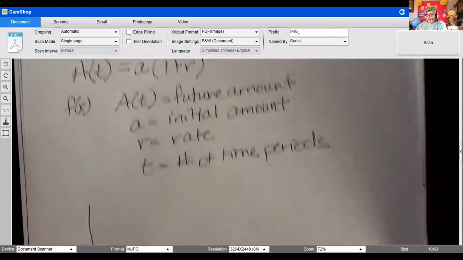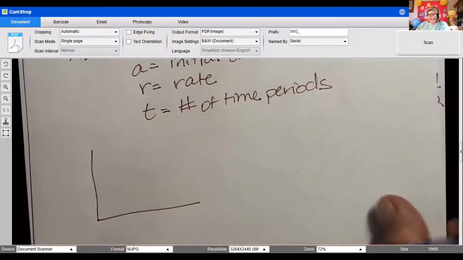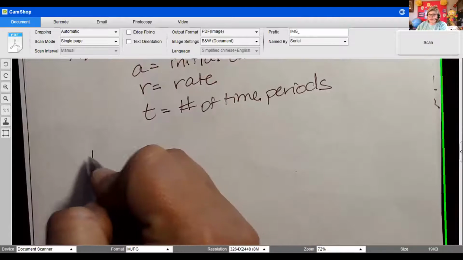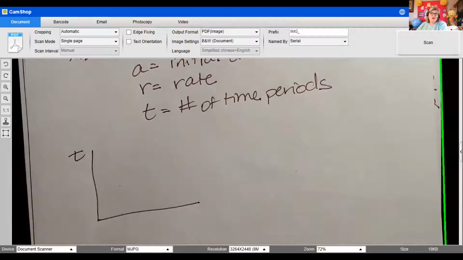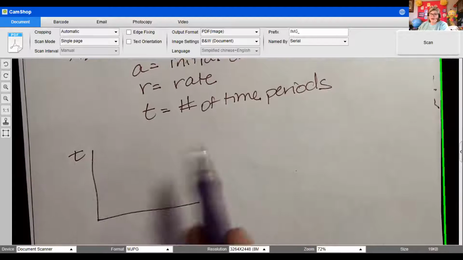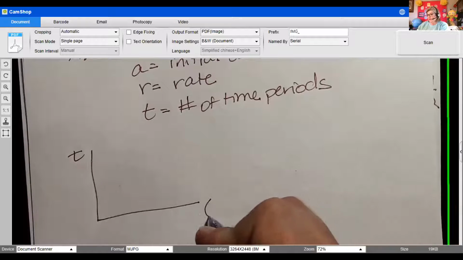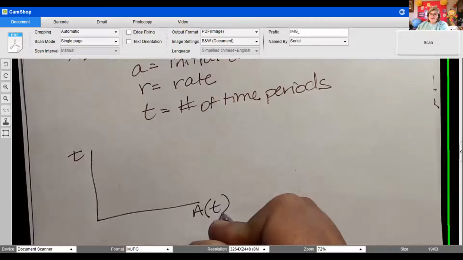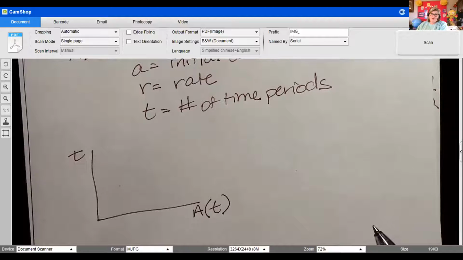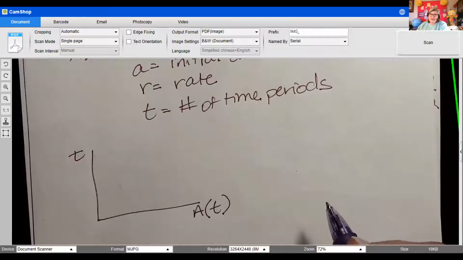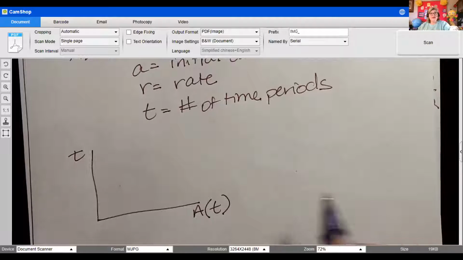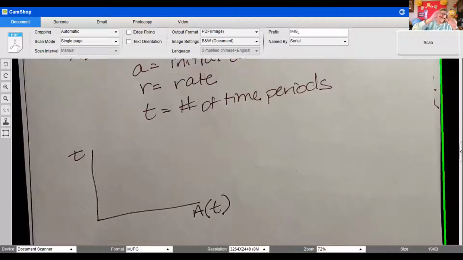So if we were charting this on a graph, then we would have t on the y-axis, or on the vertical, and A of t on the horizontal. And just think about what we were saying: with it being a growth model, we expect things to increase as time increases, as time goes by.